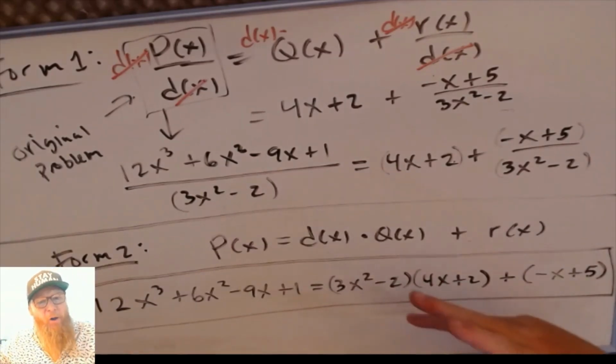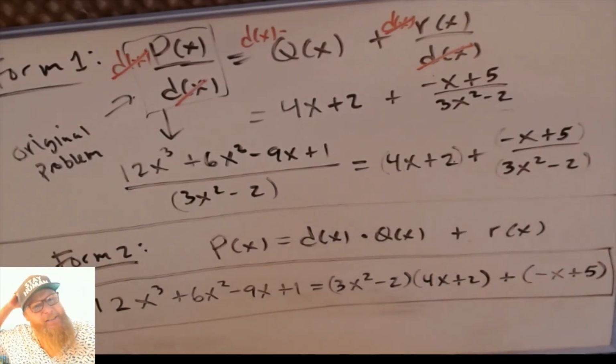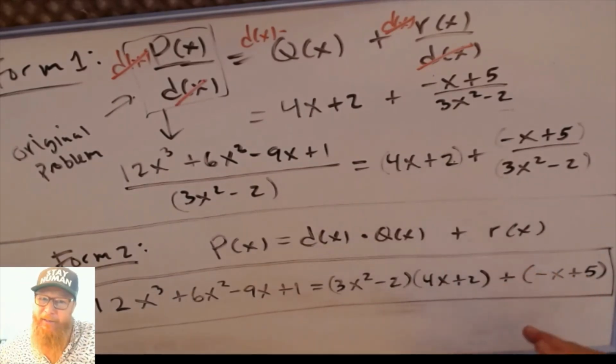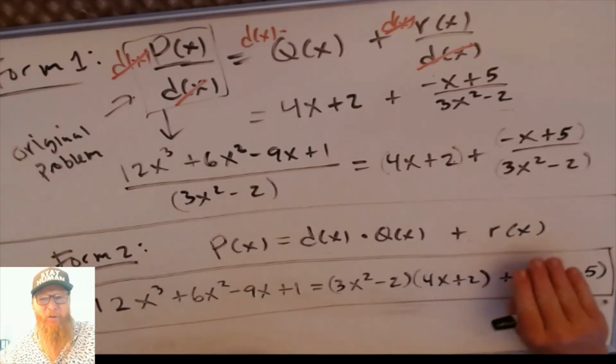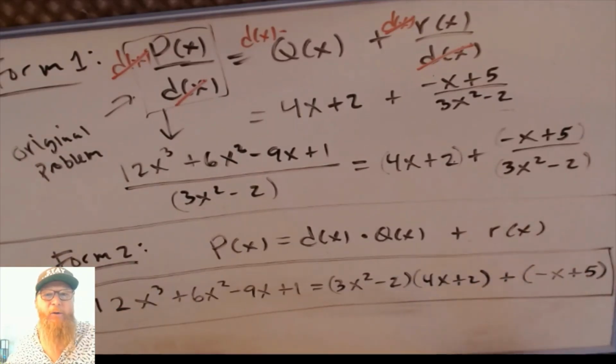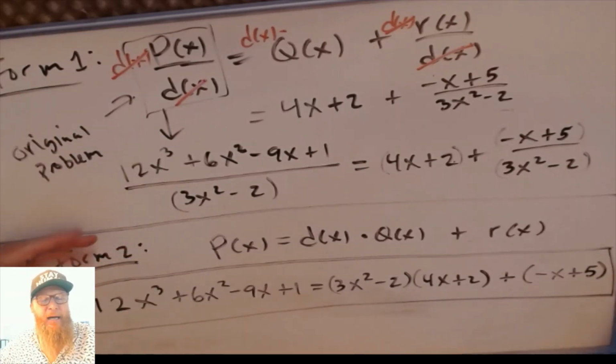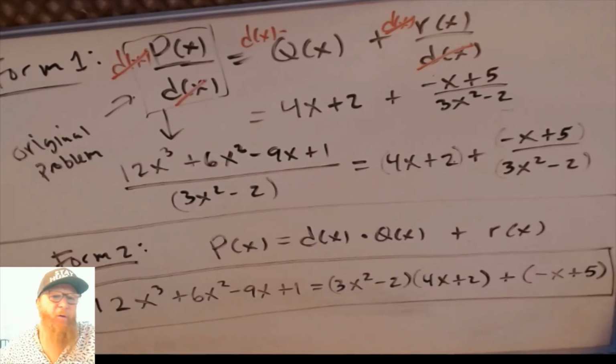Our goal, as I finish this part of the video, and I'll also talk about this in my subsequent part, is to get a zero remainder. That's the goal. Okay, so now you've seen the two different forms of the answer. In my examples moving forward, I'll specify which form I want you to use.